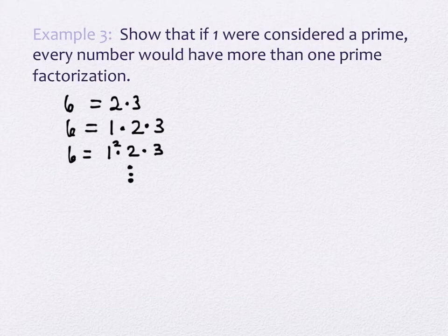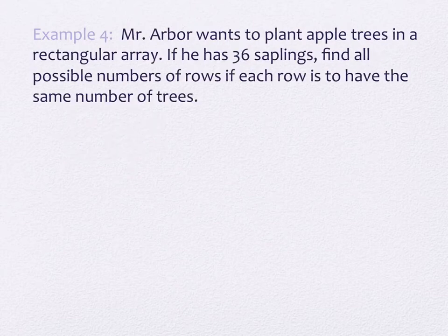All right, let's do an application. Mr. Arbor wants to plant apple trees in a rectangular array. If he has 36 saplings, find all possible numbers of rows if each row is to have the same number of trees. So, we don't want uneven rows.